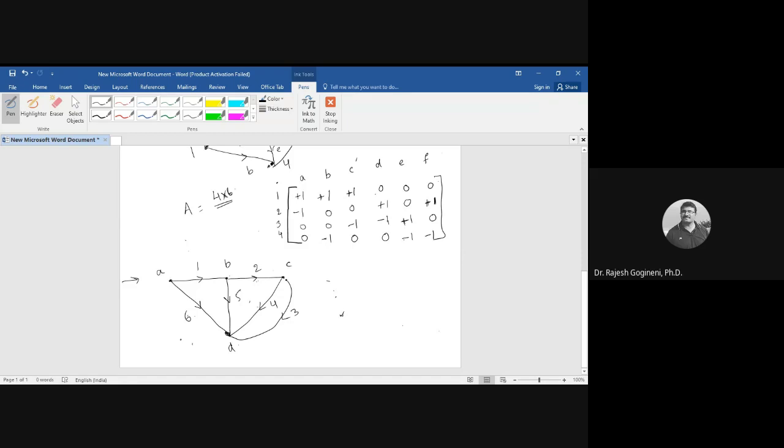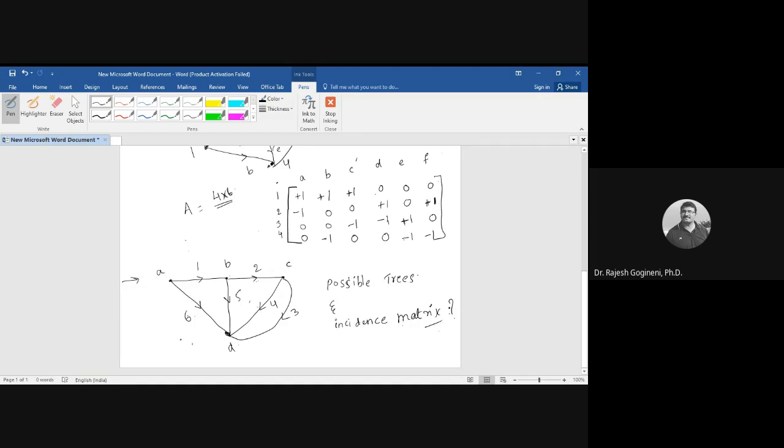So this is the given graph. For this, you write all the possible trees, and write the incidence matrix.